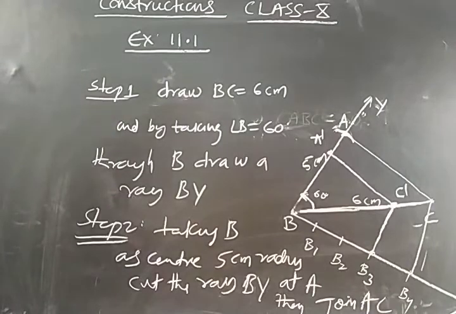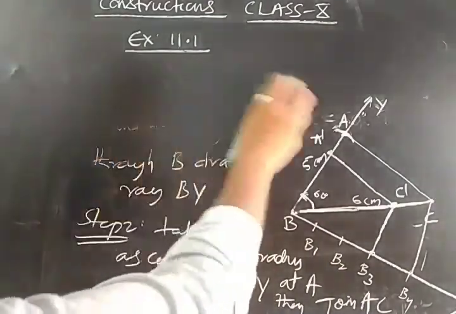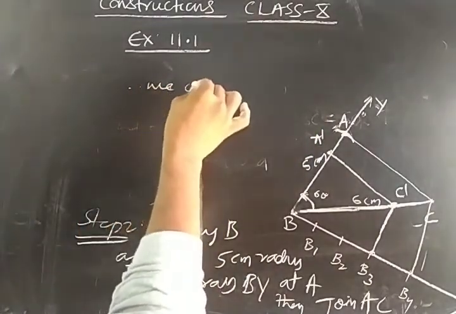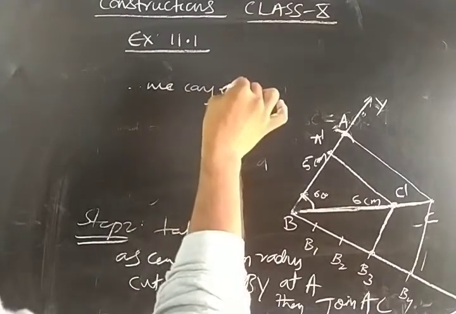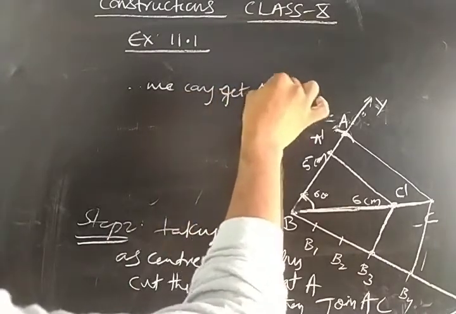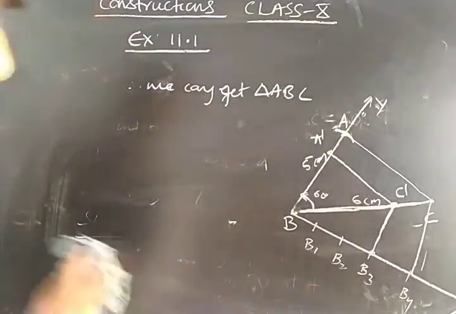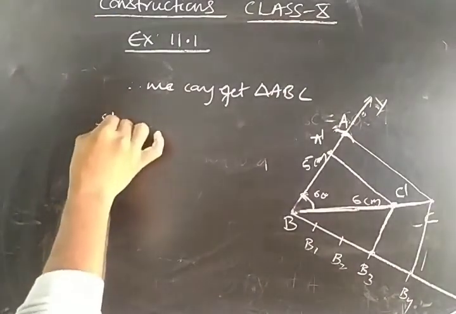So we will get the required triangle ABC. Right? In step 3, after getting ABC, go to step 3.